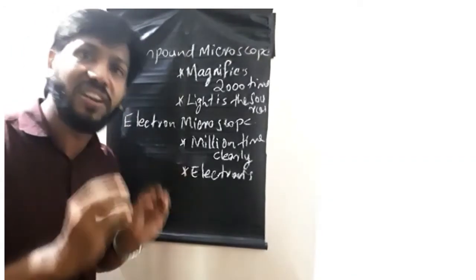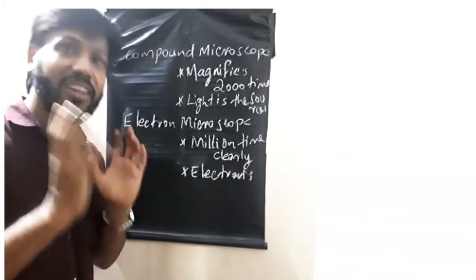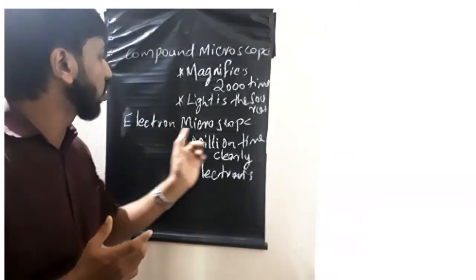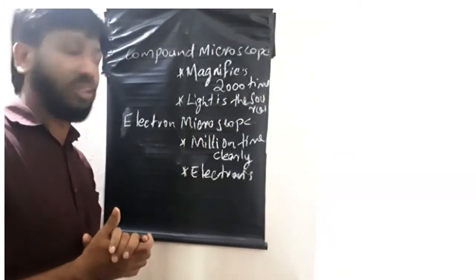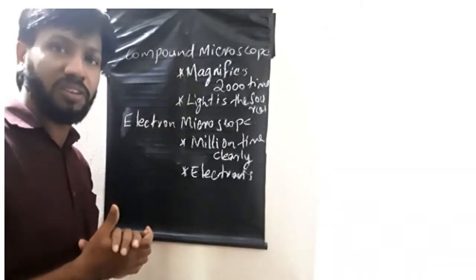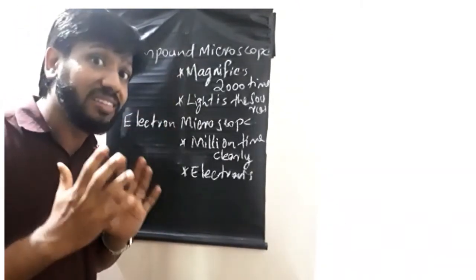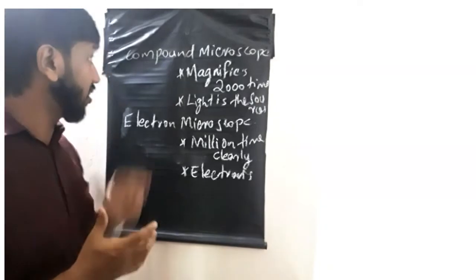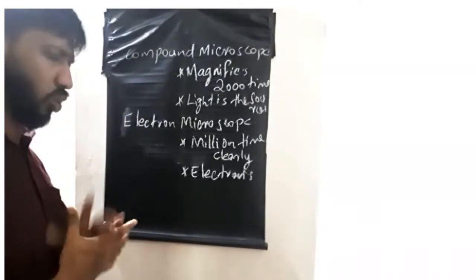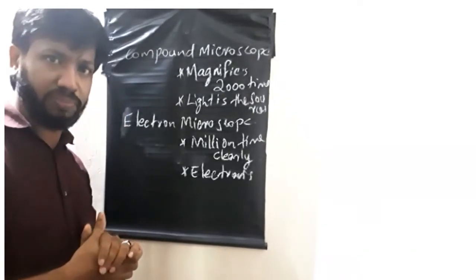We get a clear image when we use electronic microscope. When we use compound microscope, we do not get that much magnification. What are the differences between compound microscope and electronic microscope?